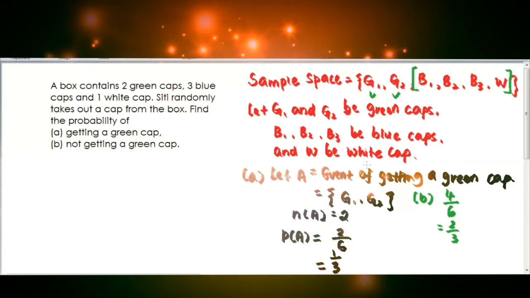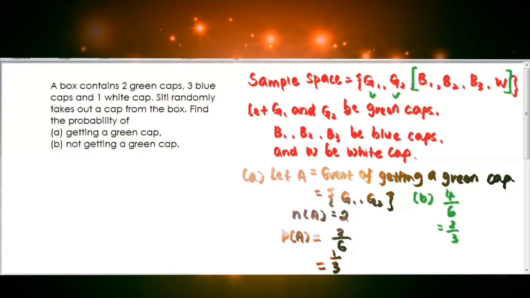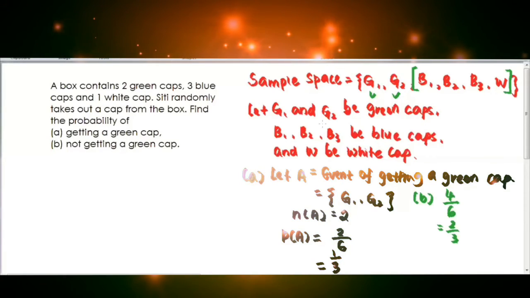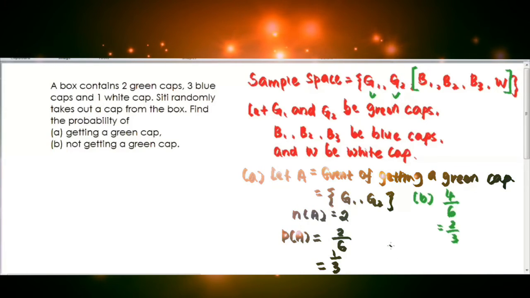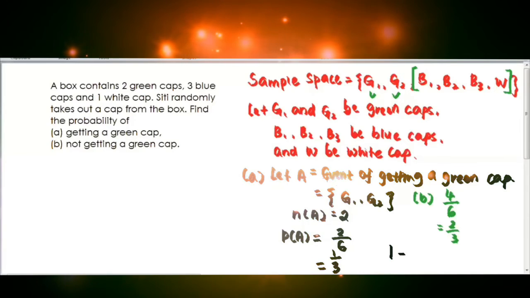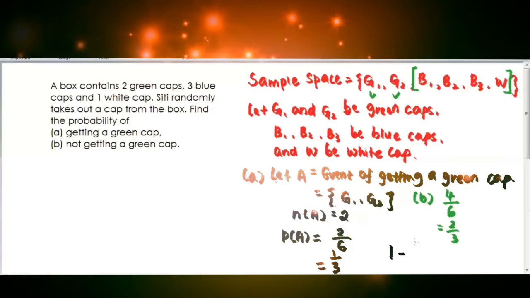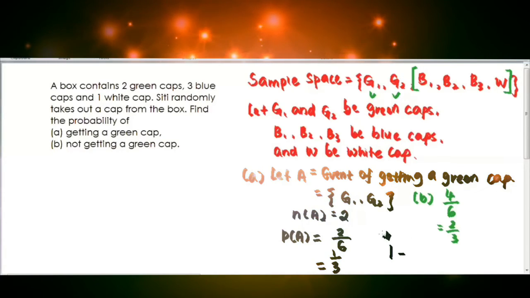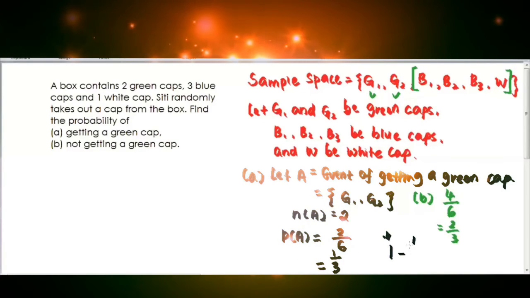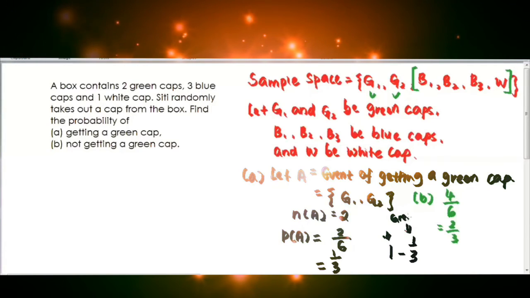Or we can use the alternative method, the complement method. As we know, we must get the answer for probability. We can use it like this: 1 minus the probability of getting a green color cap. 1 minus, because 1 means sure, they will get it, 100%. 1 minus 1/3, this is for getting a green cap.